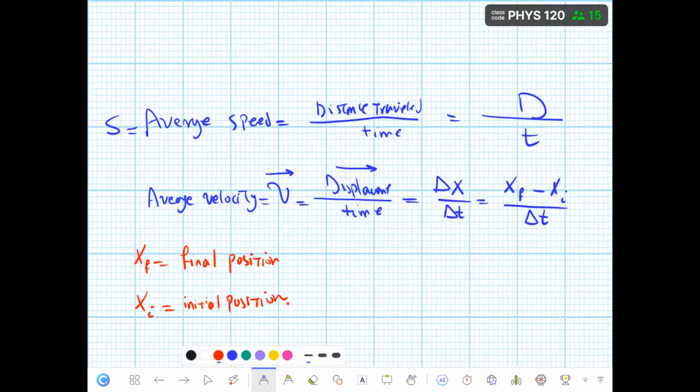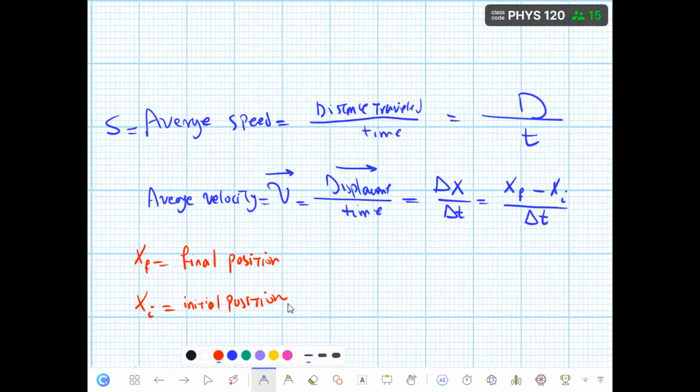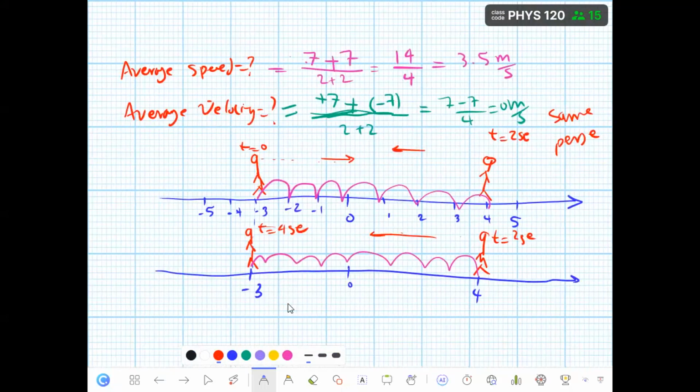So, you can just calculate whatever we calculated with those examples with the formula. For instance, if you go back here, and you are calculating average velocity, what is the initial position of the person here? -3.